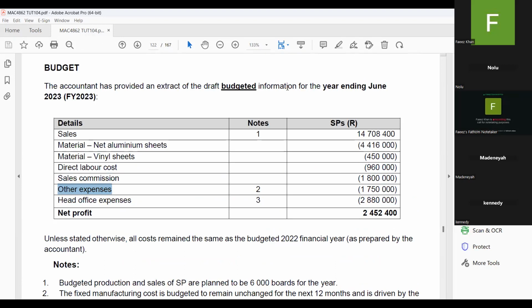So FY 2023. So our year runs 1 July 2022 to 30th June 2023. So we have sales, we have material aluminium, we have material vinyl sheets, we have direct labor costs, we have sales commission, we have other expenses, we have head office, and we have a net profit. Okay, so the net profit that is budgeted for is 2.4 million.